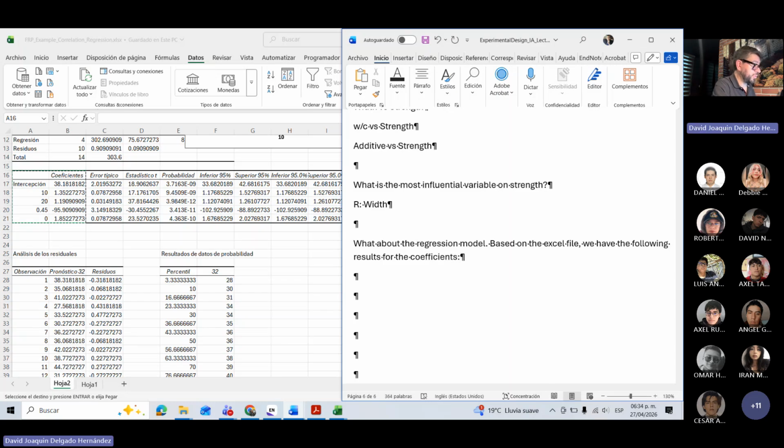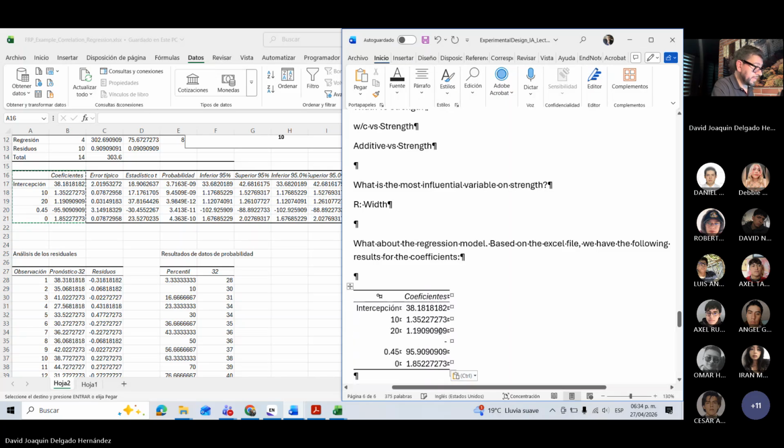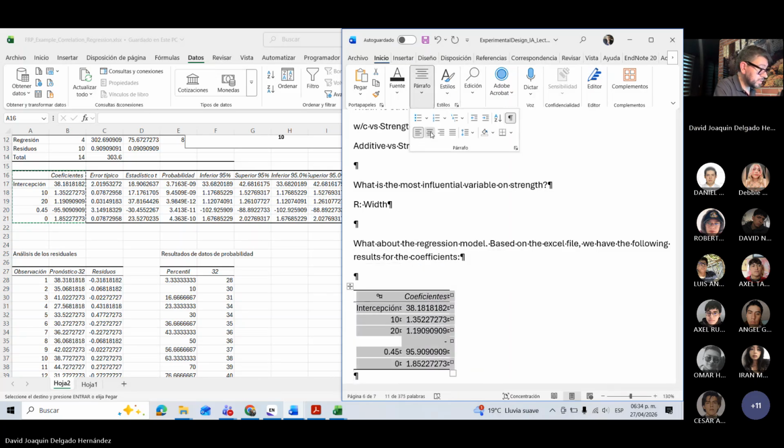Then I am going to put, these are the coefficients.